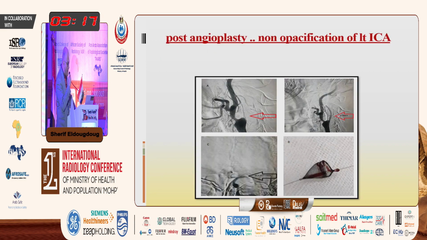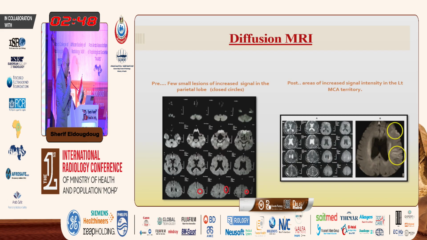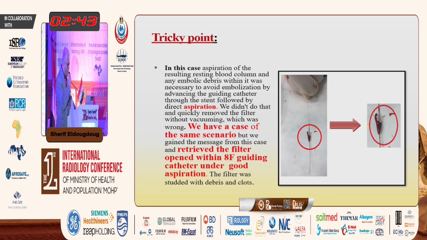We deployed the stent rapidly and then retrieved the filter, and unfortunately the control angiography showed arrest of flow in the MCA. Mechanical thrombectomy was done rapidly in two passes and the last angiogram showed complete recanalization of the MCA. And unfortunately there was a diffusion lesion post intervention.